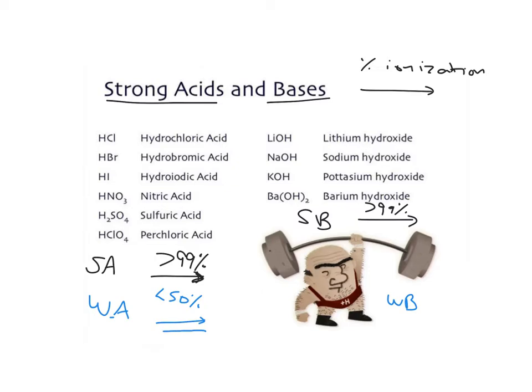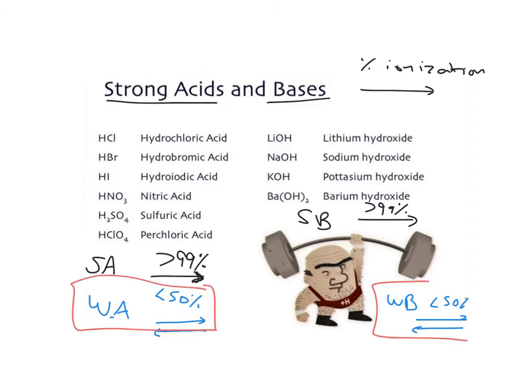Weak acids reach chemical equilibrium. The rate of the forward reaction, the ionization reaction, is equal to the rate of the reverse reaction when it reaches equilibrium. Weak bases, same thing: they ionize less than 50%, and they also reach equilibrium. So this is going to be a majority of our focus in Chem 30.